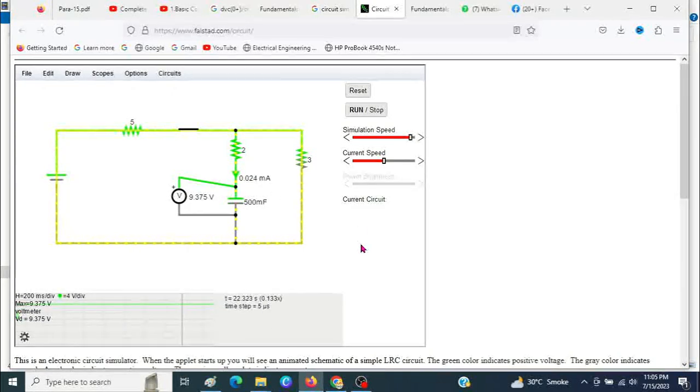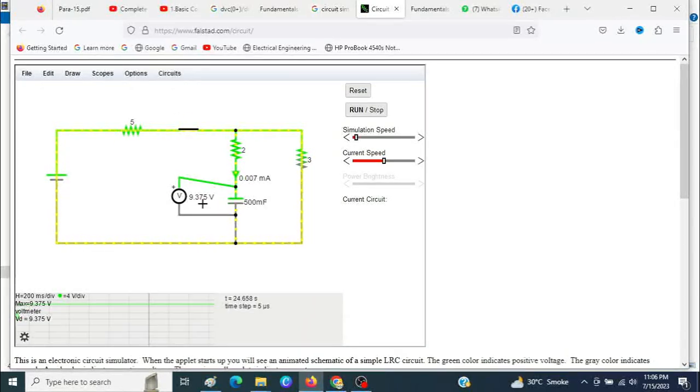So this voltage we are calling V0 minus. Now when we open this switch, V0 minus and V0 plus should be the same for a few microseconds. Let me first slow down the speed so we can see it. Then I'll open this switch, and you have to see this voltage.